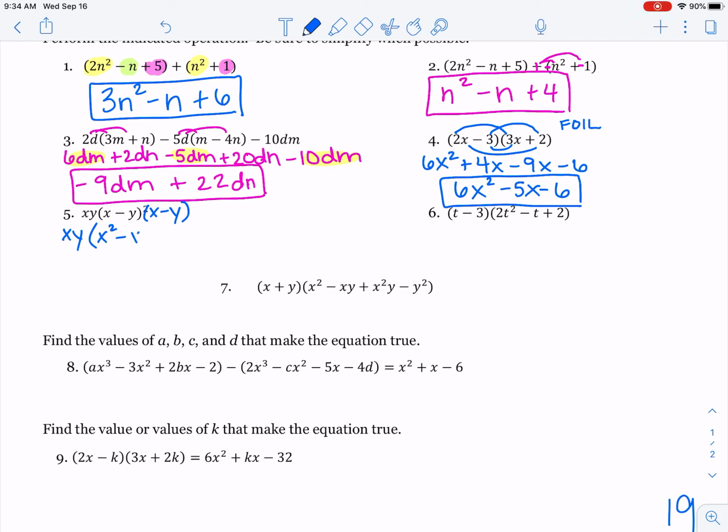First, outer, inner, last. And then I have to distribute that xy that's out front. And lastly, I need to combine those two like terms.